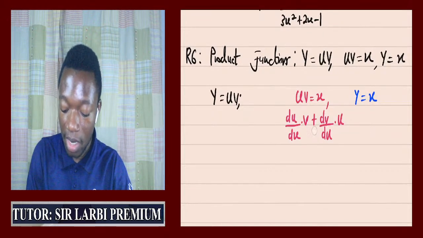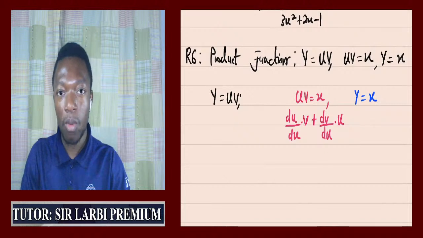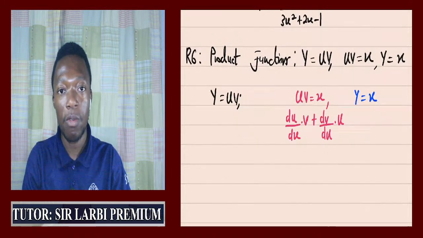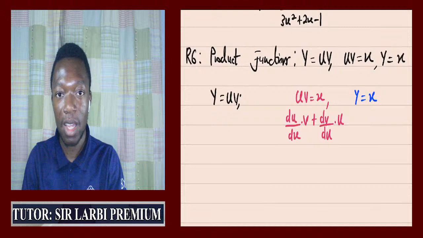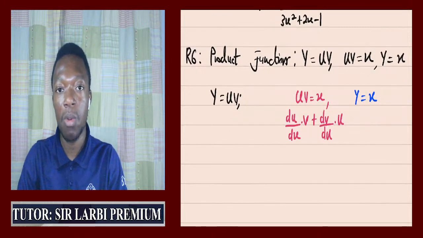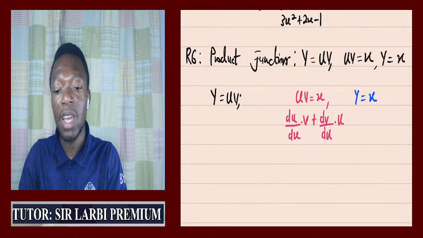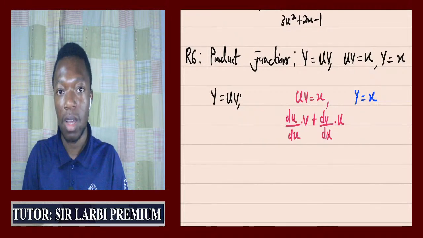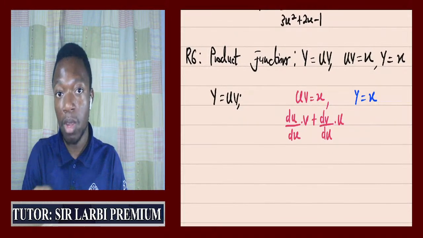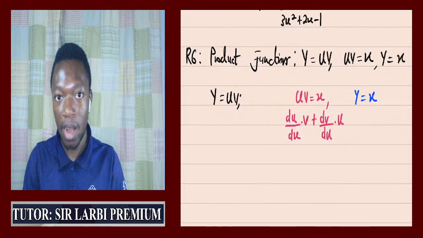So once I'm able to get this, that is the final. When it comes to a product function, you hold one function and differentiate the other, and you say plus, and you come back and hold the one that you held initially, and then differentiate the one you held earlier, right?